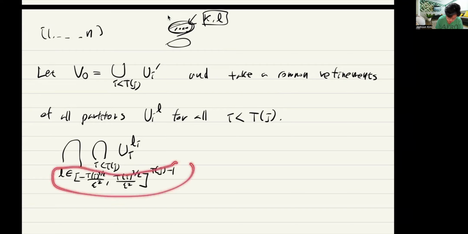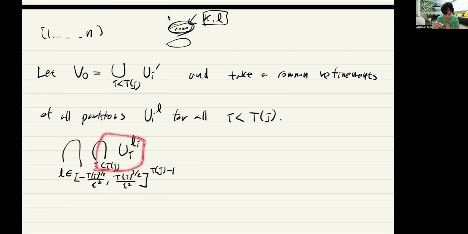So l comes from all this sequence, and then l sub i. So for all possible combinations, you take the intersection.